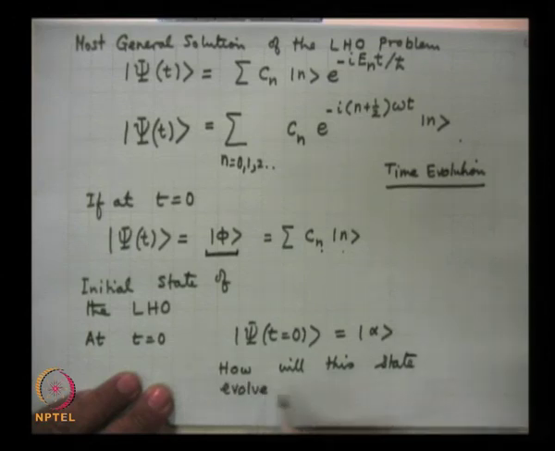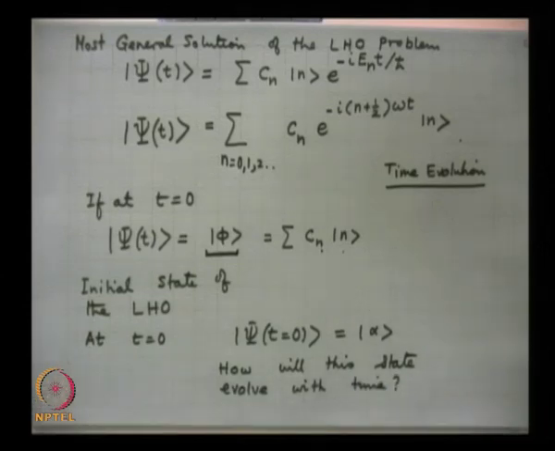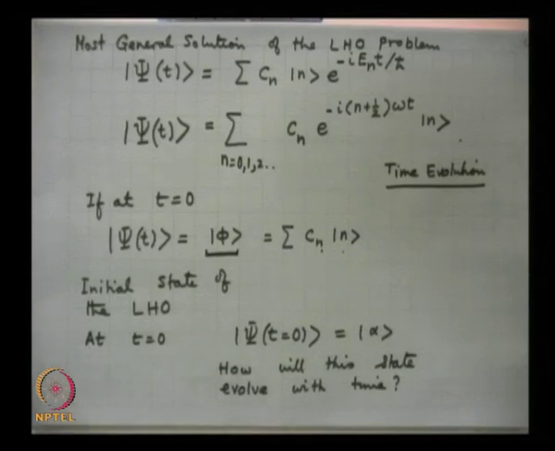That is my question, and that will be answered in a moment. So, initially the linear harmonic oscillator is in the coherent state described by the ket alpha, and I want to now ask the question as to how it will evolve with time.